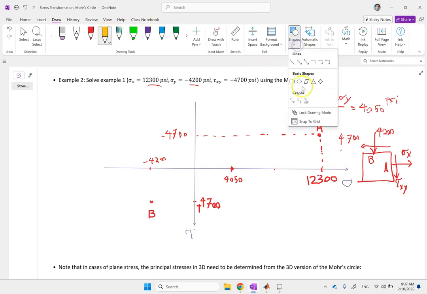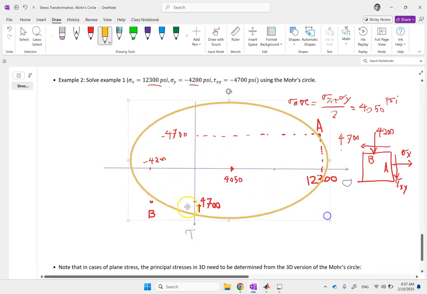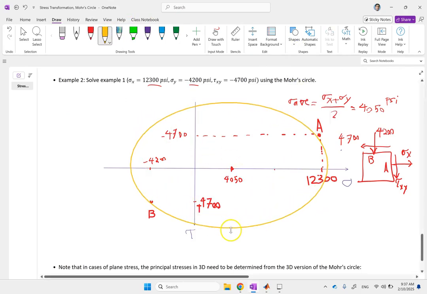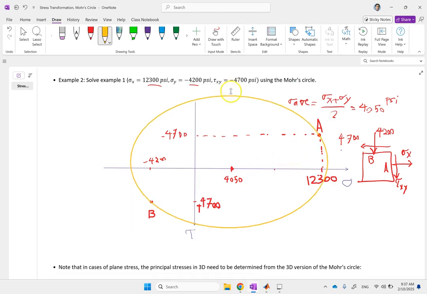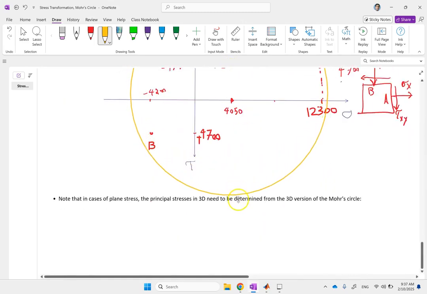So go and grab a circle, and this should be a large circle to fit all of these guys. Now, of course, this is an ellipse, but if you can fit a big circle to them, then it should be good to go.